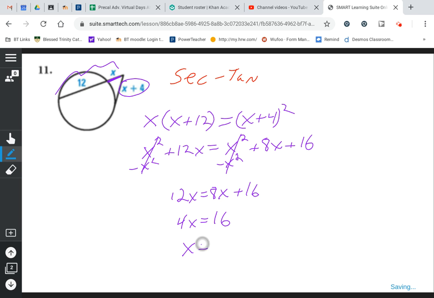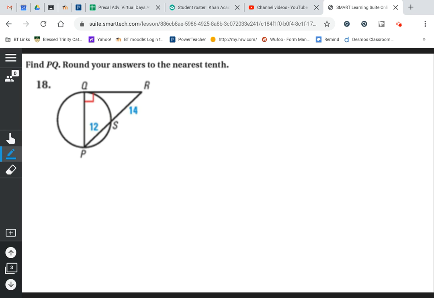So in this case, x equals 4. And we see that 4 and 12, and 4 plus 4 would be 8. So 4 times the whole thing, which would be 16, 4 times 16 is 64. 8 squared is 64. So 4 does work for our answer.